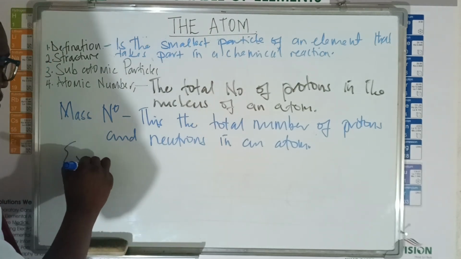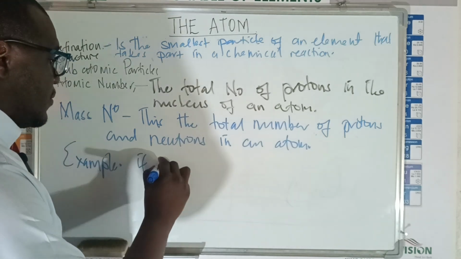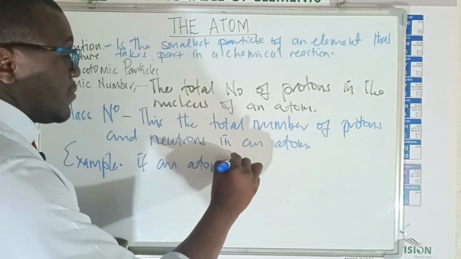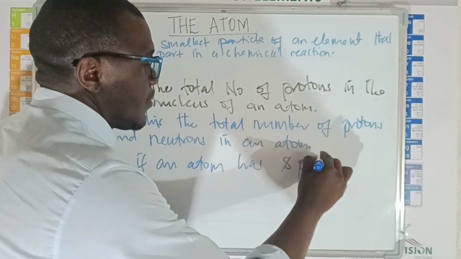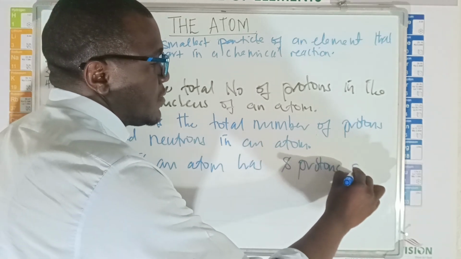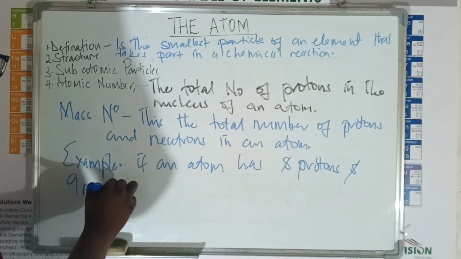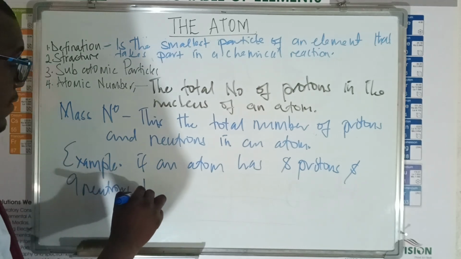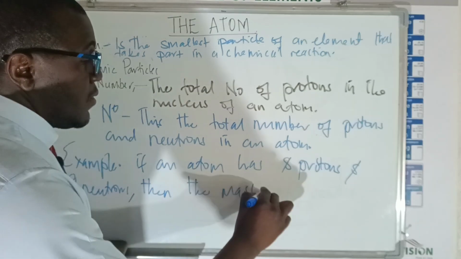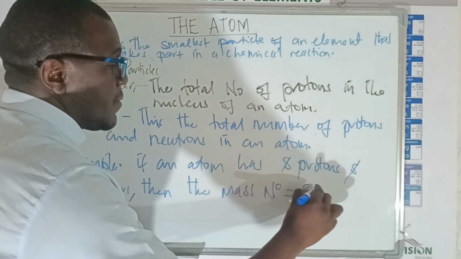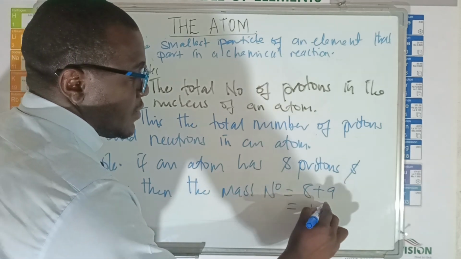Example, if an atom has, let's say, 8 protons and 9 neutrons, then the mass number will be equal to 8 plus 9, which is equal to 17.